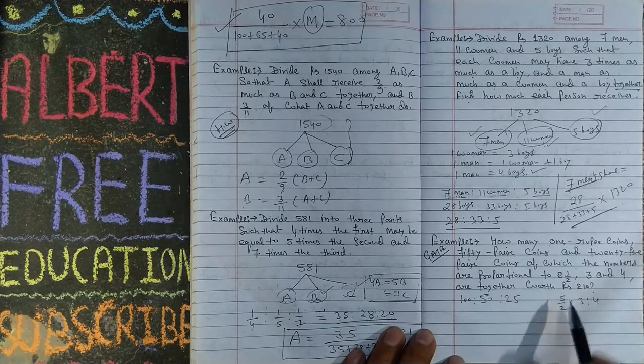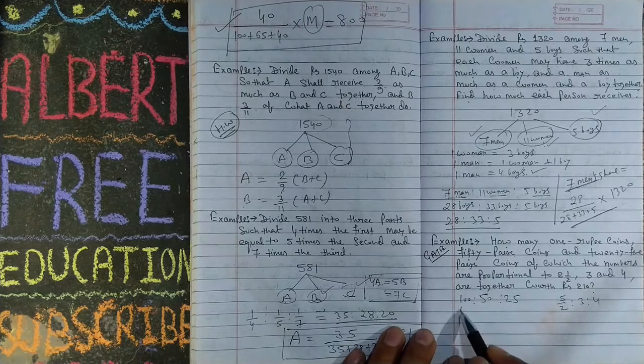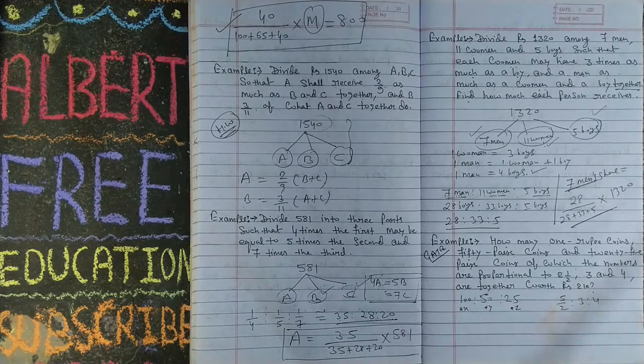Means we don't know how much money is here, here and here. Suppose you have 10 one rupee coins, 25 fifty paisa coins, and 125 paisa coins.